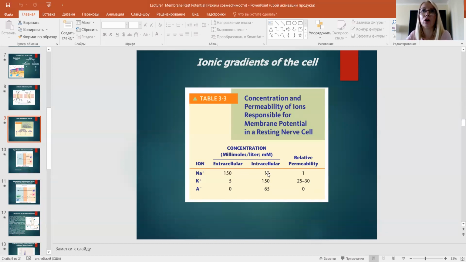In the rest state, only leak channels are open and ions can move across the membrane according to the concentration gradient. Because most leak channels are potassium channels, the cell membrane is mostly permeable to potassium ions that move outside the cell.